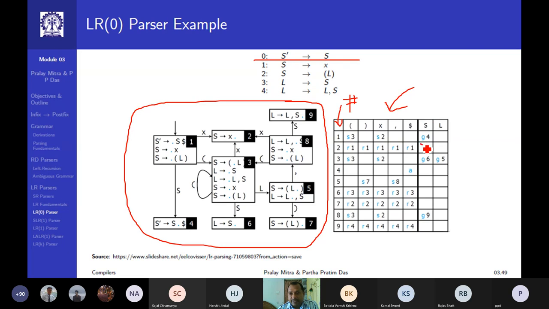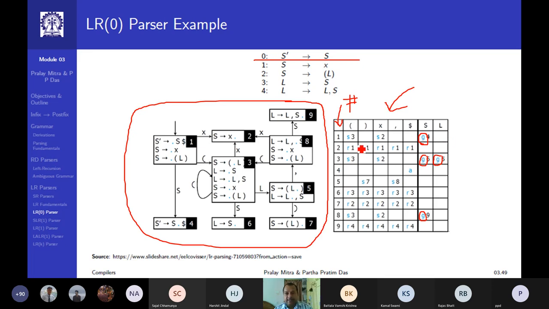Here, as I mentioned, in some cases G is mentioned as go to, so here you see G, but sometimes G is also not mentioned for the non-terminal, but you know what the action will be if it is a non-terminal.